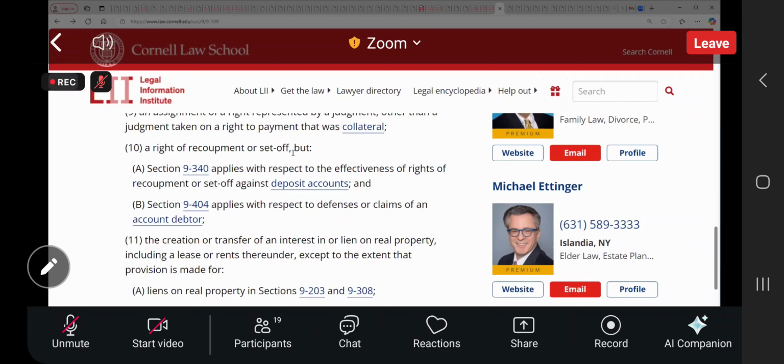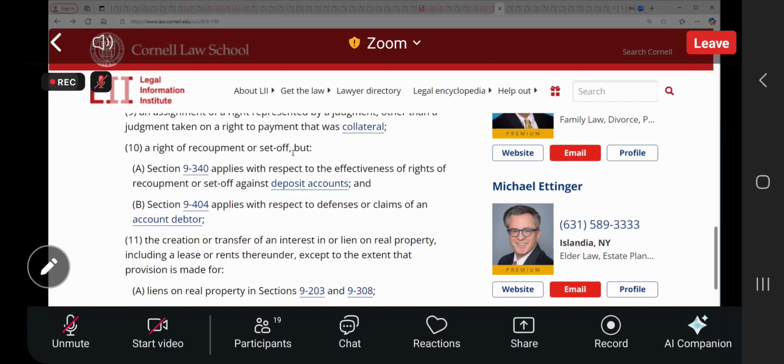So we can set off debt. It's in the code. The word set-off is in the code. I haven't seen the terminology accepted for value yet. I've seen accept, I've seen for value, but I haven't seen it together. If you have found that code, please let me know.